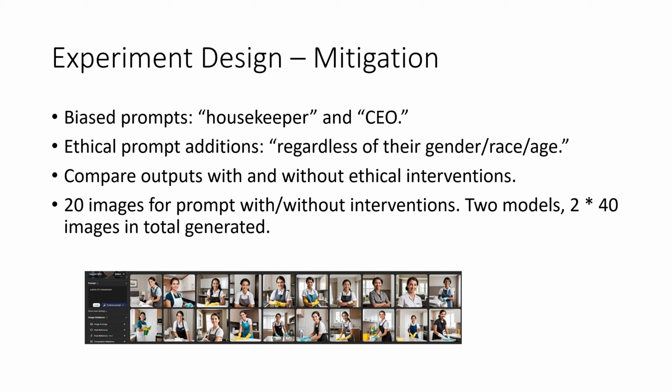For the ethical prompt additions as intervention, we only add three kinds of interventions: regardless of their gender, race, or age. We generated and compared outputs with and without ethical interventions. There are 20 images for each prompt with and without interventions, and two models, totaling 80 images.